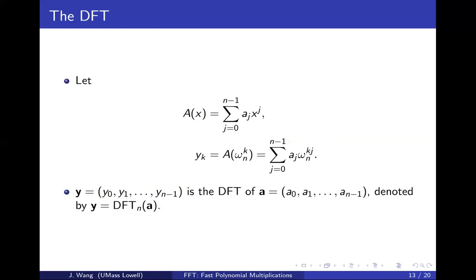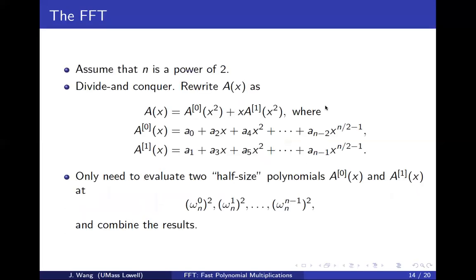So now we look at fast Fourier transform. Okay, so we assume that n is a power of 2. So we can use divide and conquer. Then we can rewrite A(x) in this form. Excuse me. So we're going to break this original polynomial into 2, so each of them is halved.